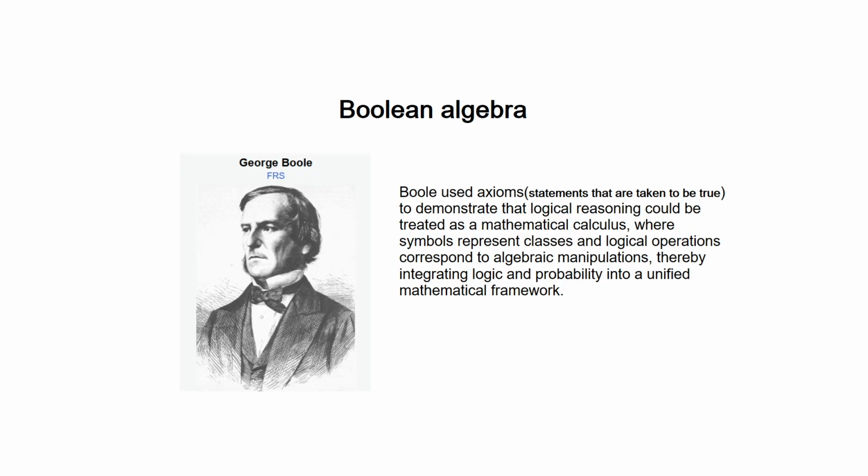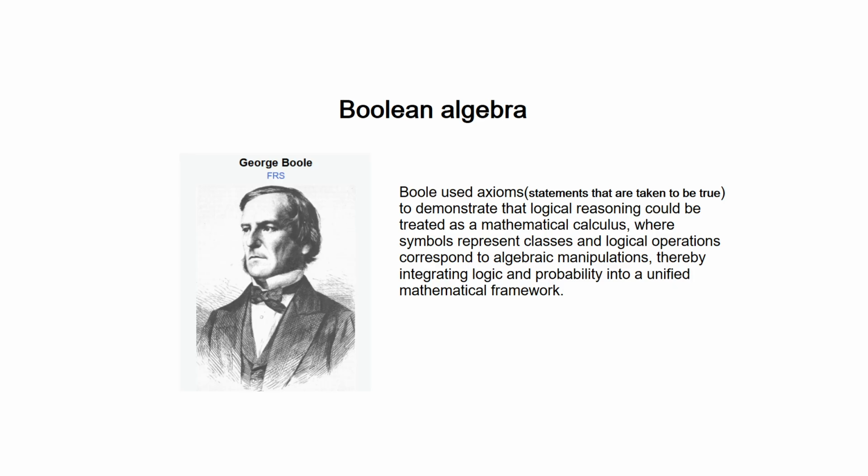Axioms are statements that are taken to be true to demonstrate that logical reasoning could be treated as a mathematical calculus whereby symbols represent classes and logical operations correspond to algebraic manipulations, thereby integrating logic and probability into unified mathematics.